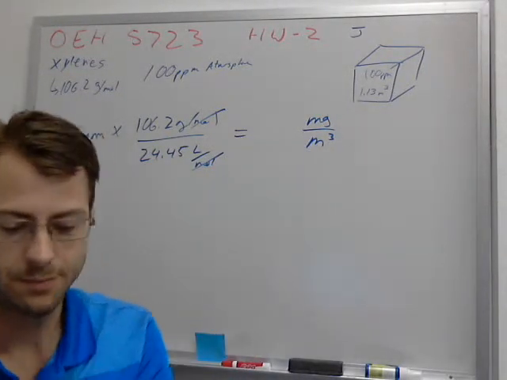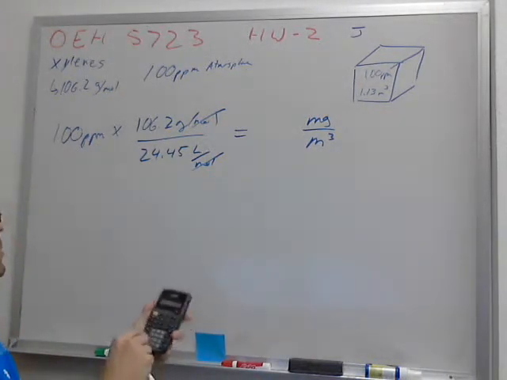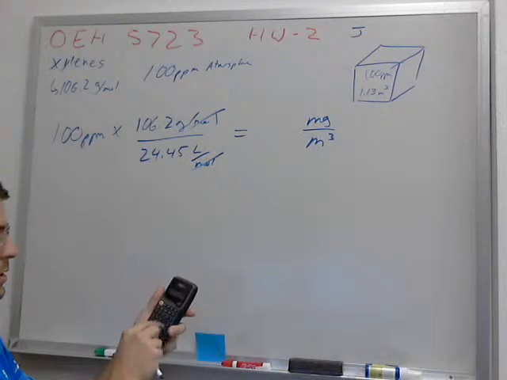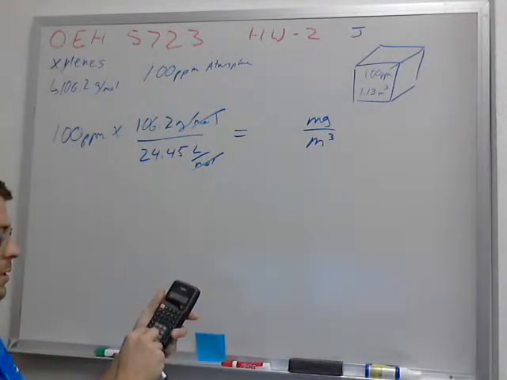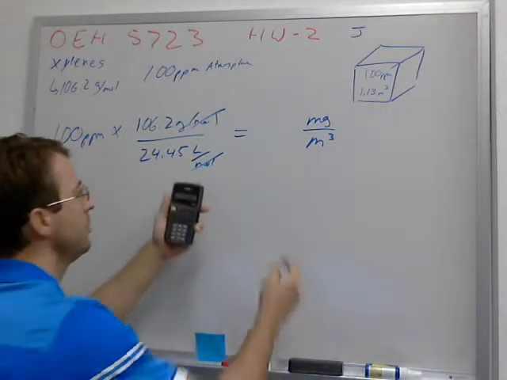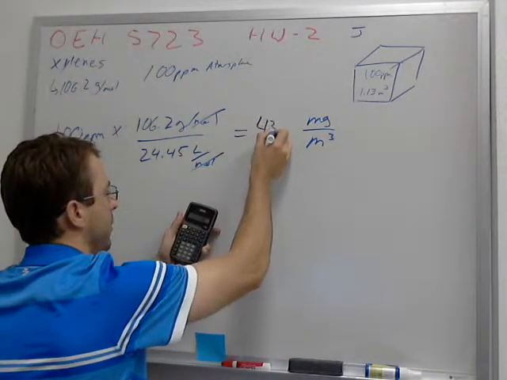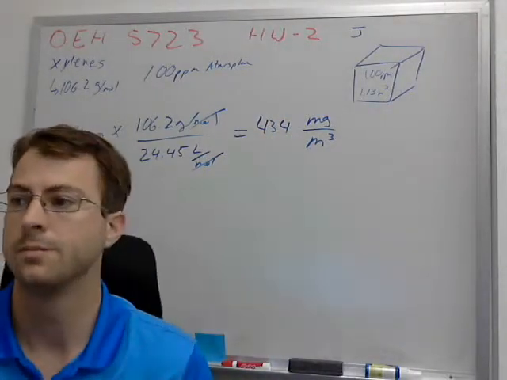Here's my calculator. So 100 ppm times 106.2 grams per mole divided by the molar volume. So this should be 434 milligrams per cubic meter.